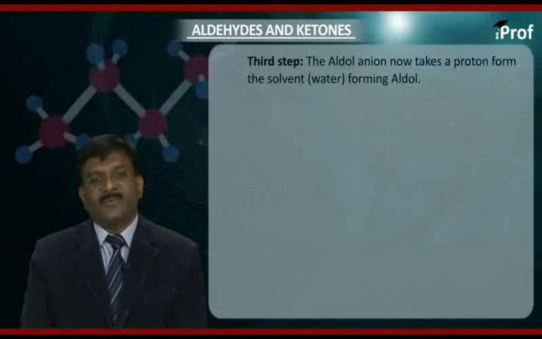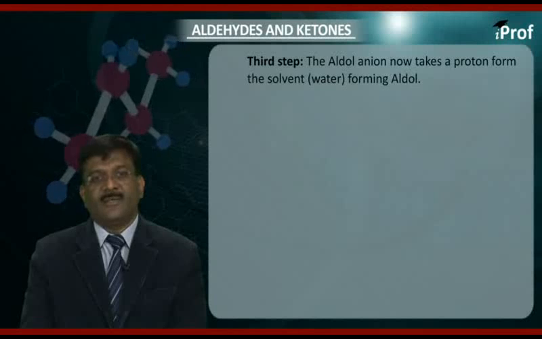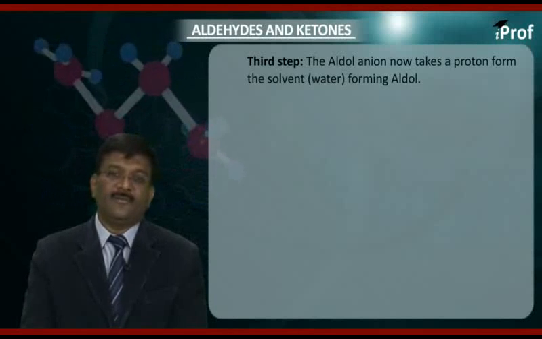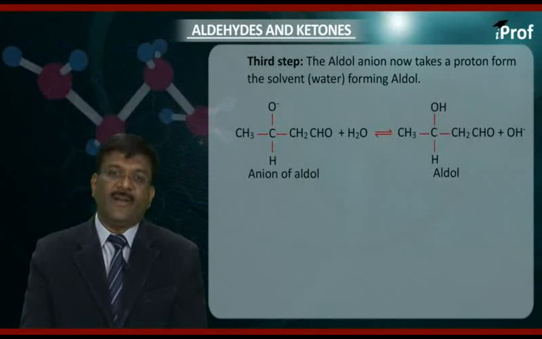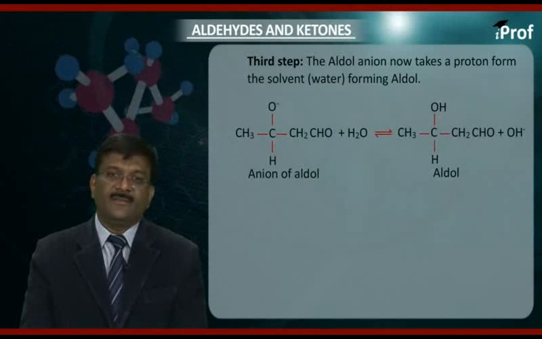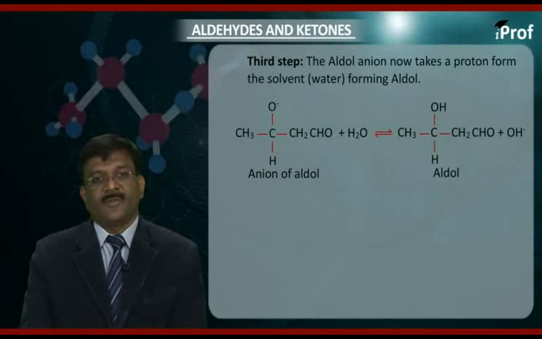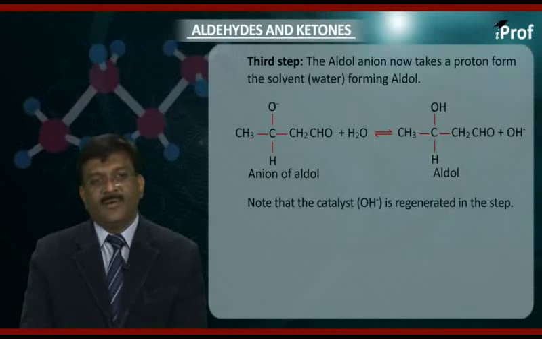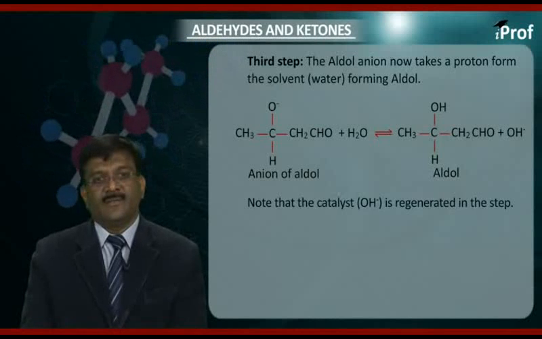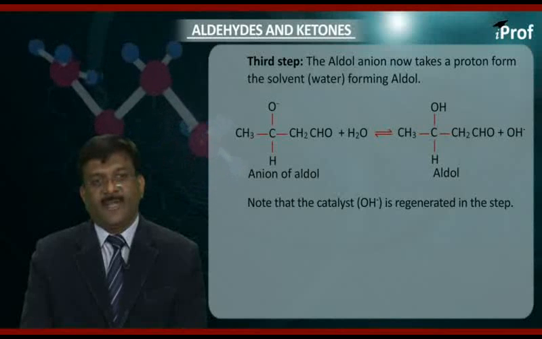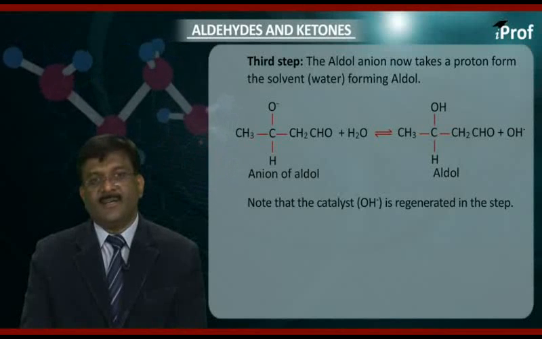In third step, the aldol anion now takes a proton from the solvent, that is water, forming aldol. The anion of aldol, it takes water to form the aldol. Important to note here that the catalyst OH ion, hydroxyl ion, is regenerated in this step only.